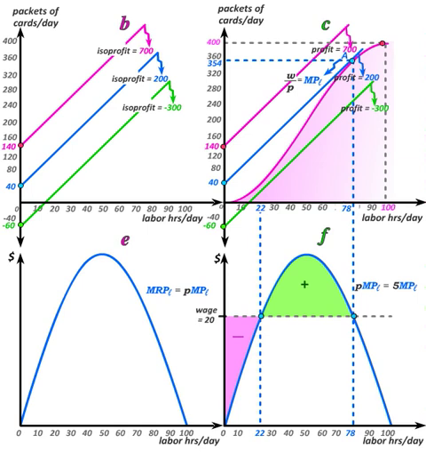There are in fact 2 points at which the marginal revenue product of labor is equal to the wage. The first happens at 22 labor hours, and the second happens at 78 labor hours. Of course, we don't stop hiring at 22 labor hours, because at that point we're only making losses on every one of the labor hours we've hired. That in fact corresponds to a tangency in the top graph in panel C that would happen at 22 labor hours.